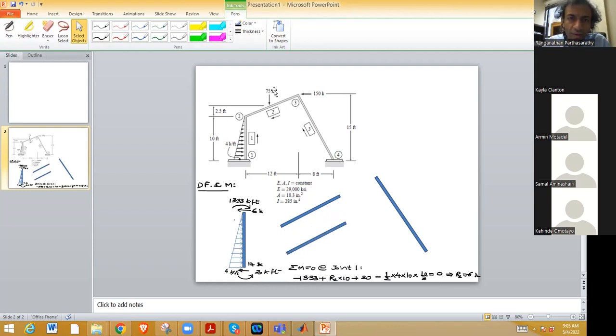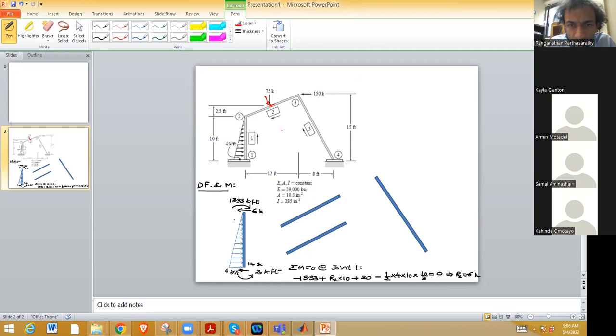So this 75 kips force, we will resolve it into 2 components. One component along, one component perpendicular.